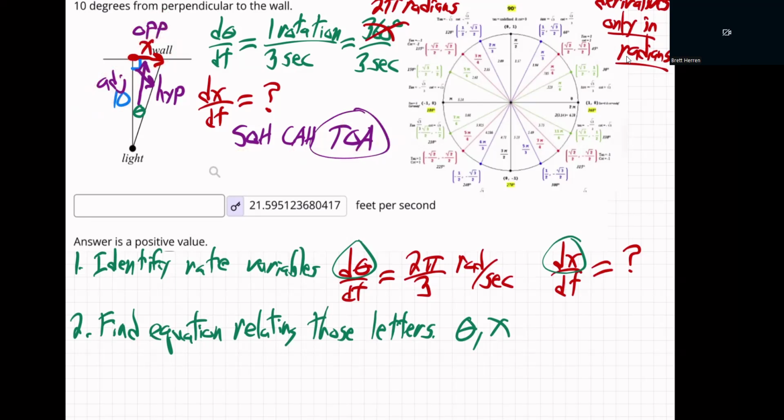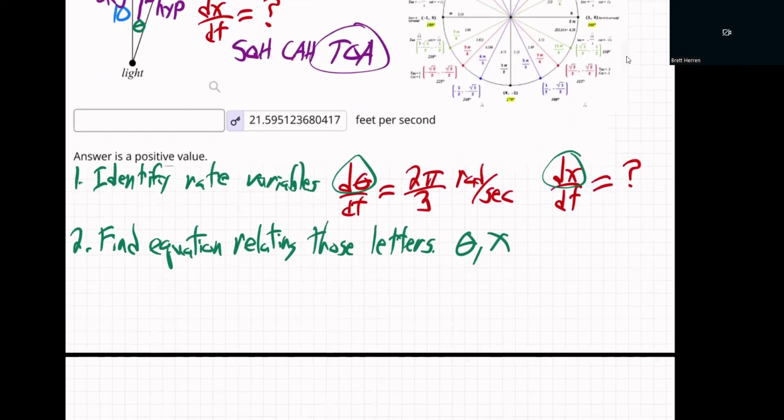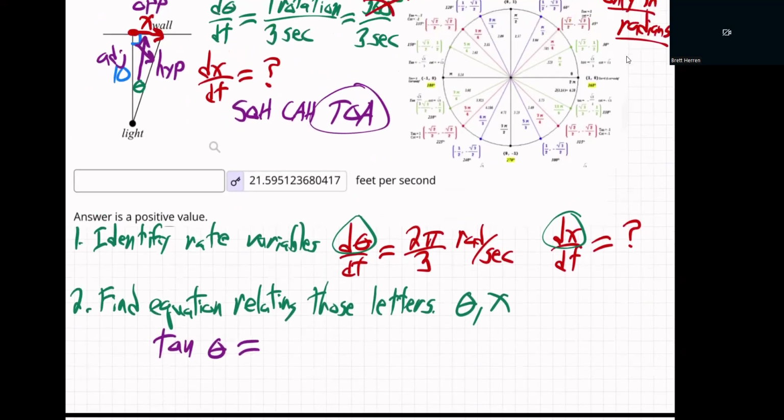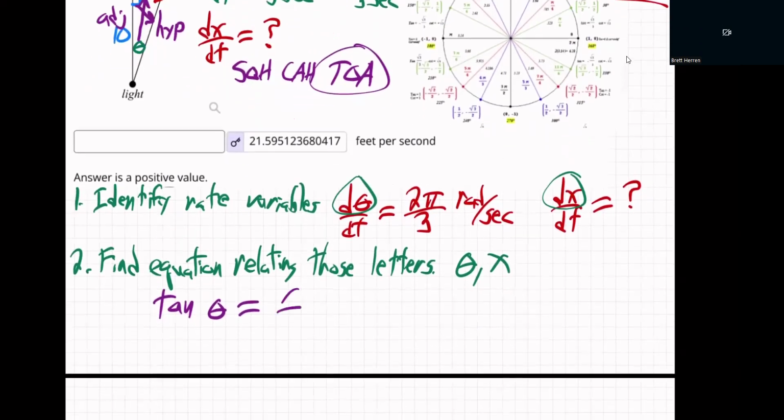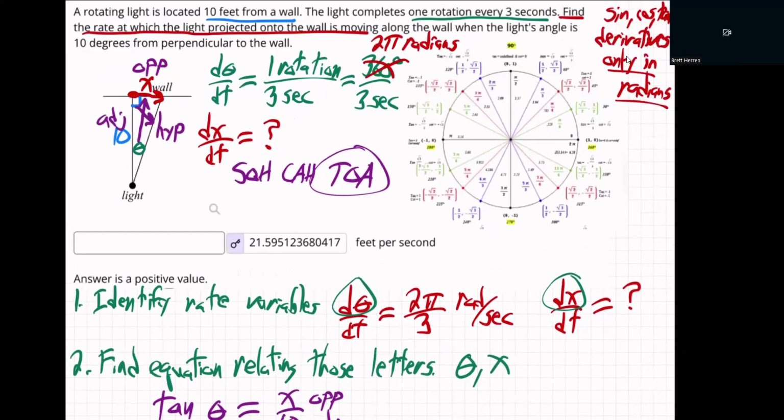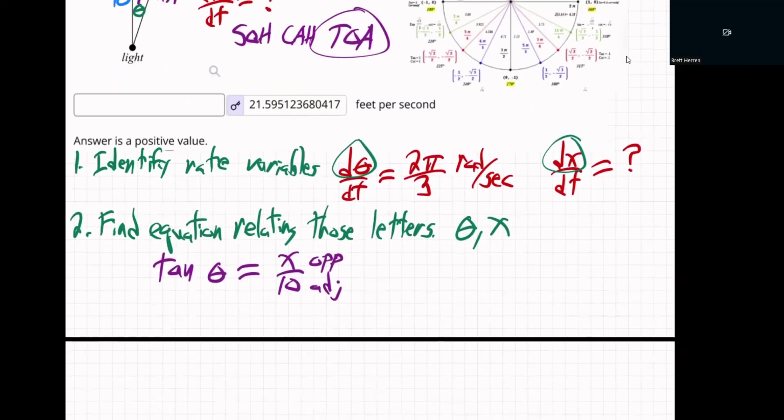Tangent. So that's the tangent I want. So there's my equation. The tangent of theta is x over 10 because that's opposite over adjacent, right? X is opposite, adjacent is 10. So there it is. There's an equation relating theta and x.